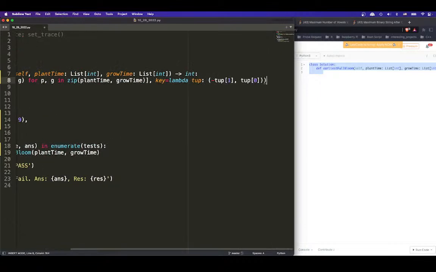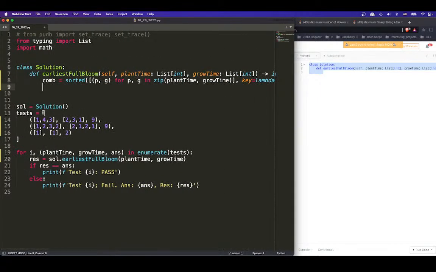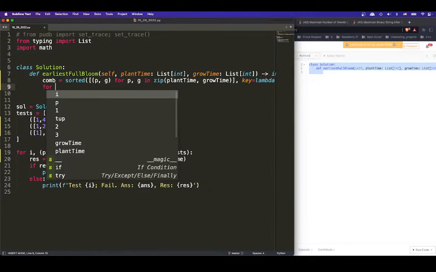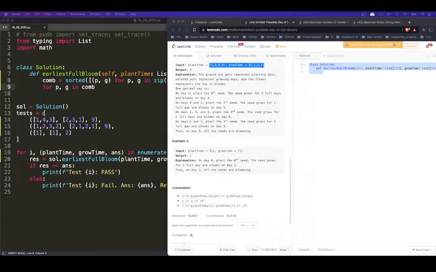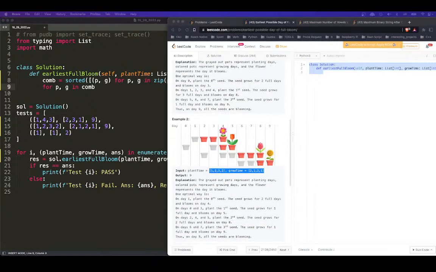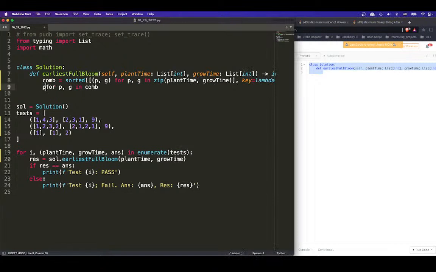Okay, so what do we have? We sort them, then we can find for each one what's the latest day, right? So we just go through them to find the latest day. Then we say for P and G in combined, P is the number of days, plus G is also the number of days.